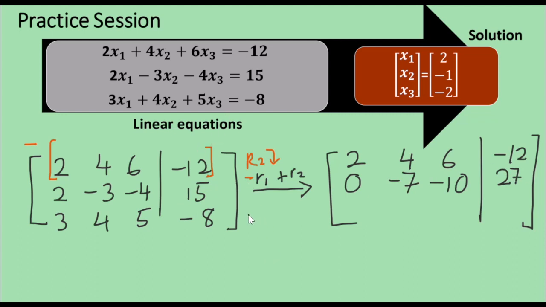And now, the elementary row operation for row 3. So the new row 3 would be negative of 3 divided by 2, row 1 plus row 3.